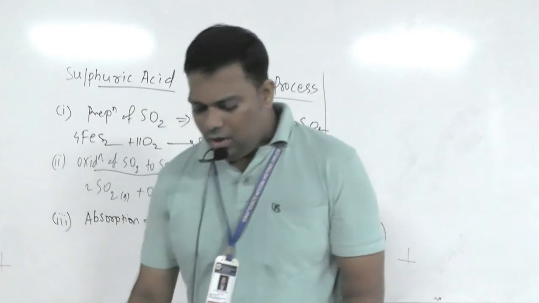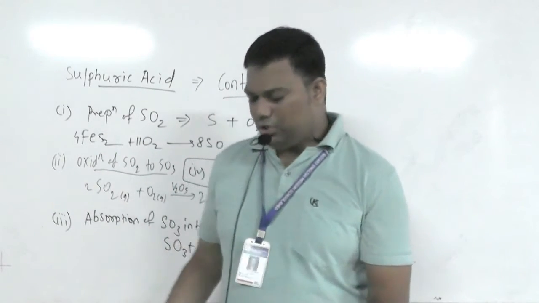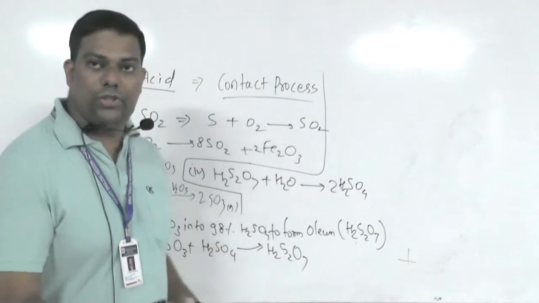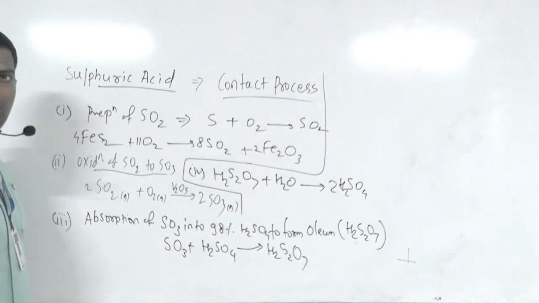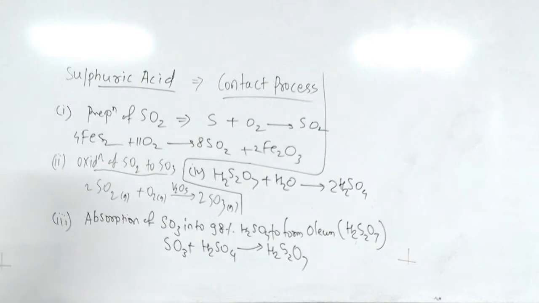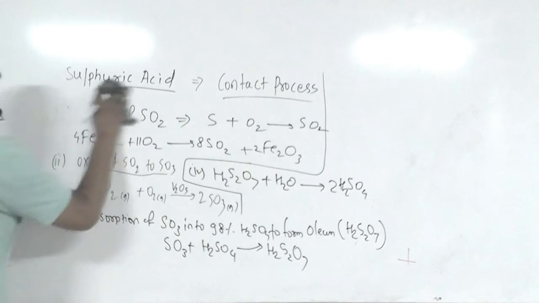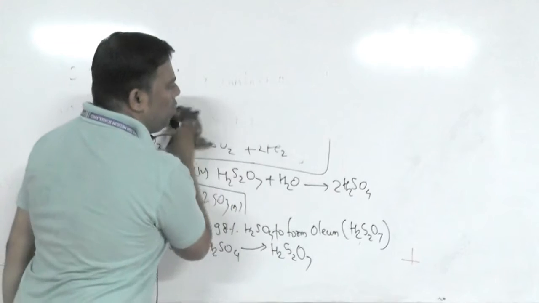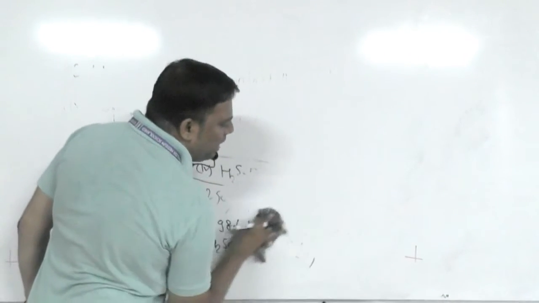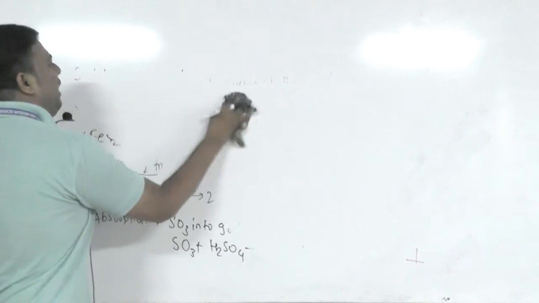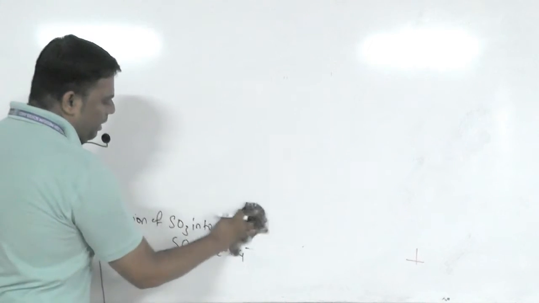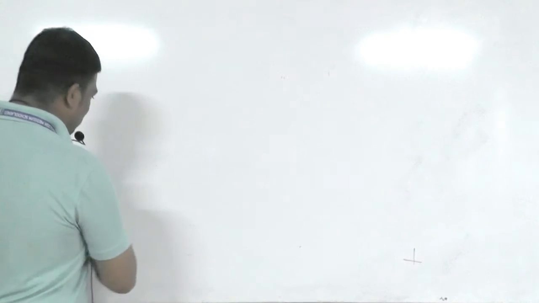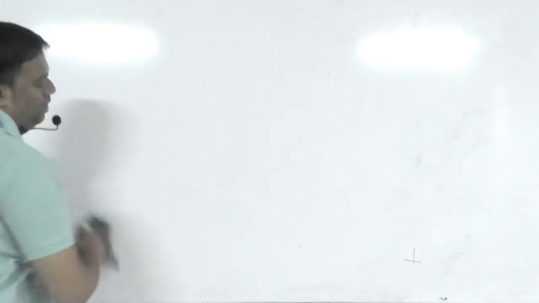Now see here, there are important conditions also to maximize the yield of H2SO4. So we will discuss the factors affecting it. Next, beta, in this contact process, to maximize the production of sulfuric acid, what precautions should be taken, what will be the optimum temperature and pressure.